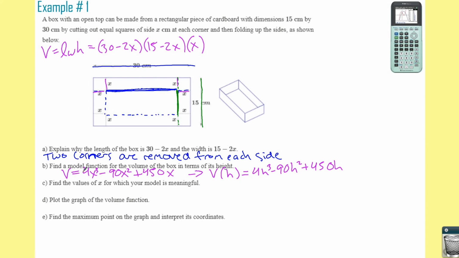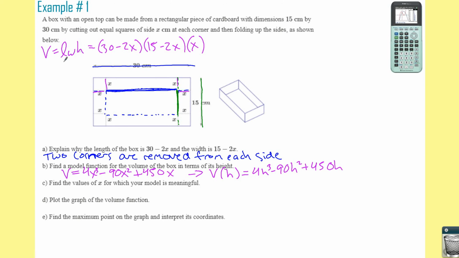So find the values of x for which your model is meaningful. Okay, so we want the height to be greater than 0, right? We don't want a negative height. We also need our length to be positive and our width to be positive.